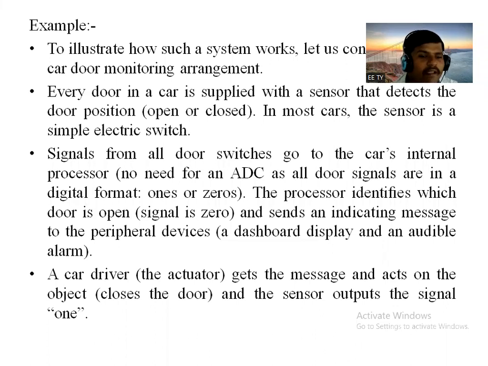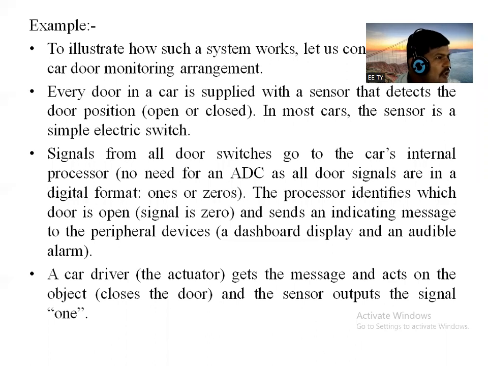Now suppose 6 sensors are there, the signals are fed to the multiplexer. The multiplexer feeds that signal to the microcontroller, or it may be a computer, one at a time. That means first, the first sensor signal is fed through the multiplexer to the computer.